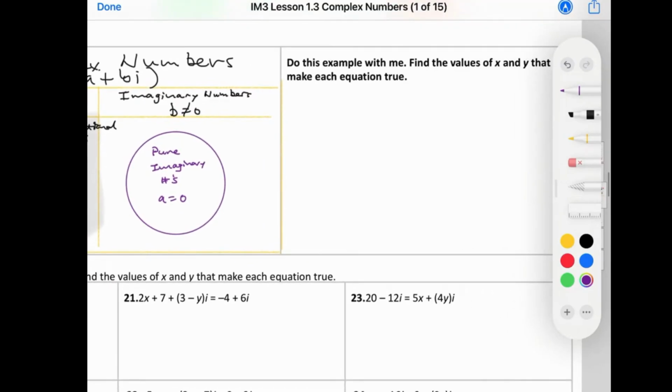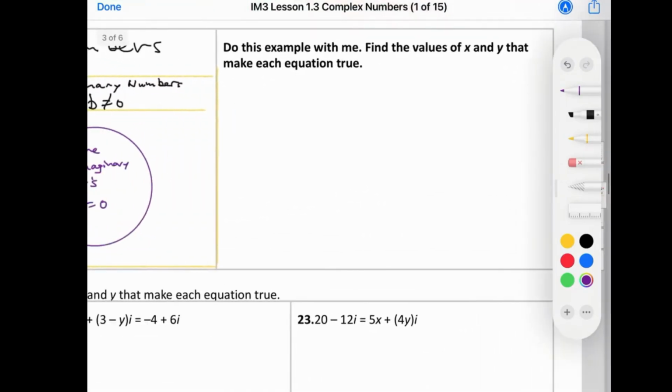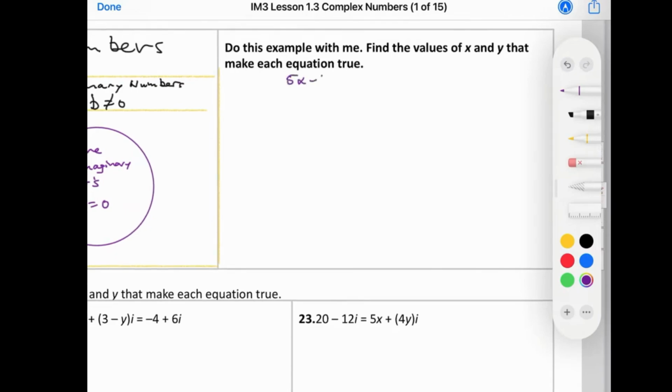Okay, let's look over here and do this example with me. Find the value of x and y that makes each equation true. So this is the equation they're going to give us: 5x minus 7 plus (y plus 4)i equals 13 plus 11i.